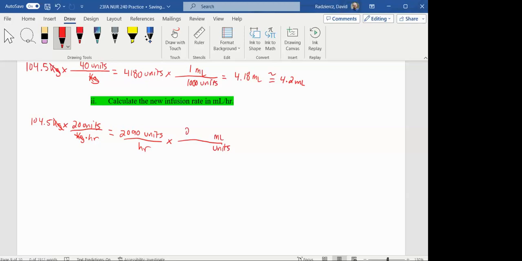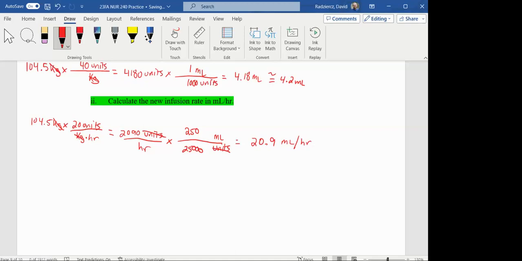Our available was 250 milliliters, 25,000 units. And I'm going to get 20.9. Is that right? Yeah, 20.9 milliliters per hour. So I don't need to round it because it's already to the nearest tenth.